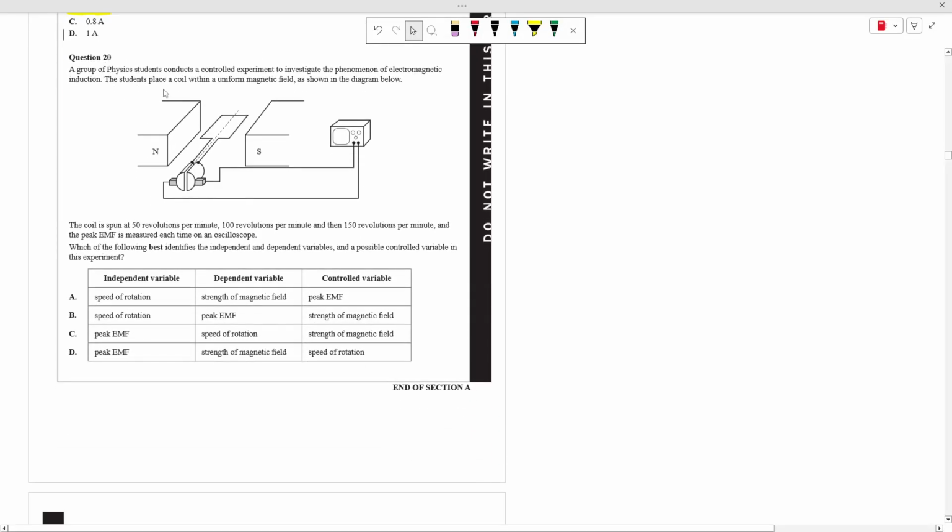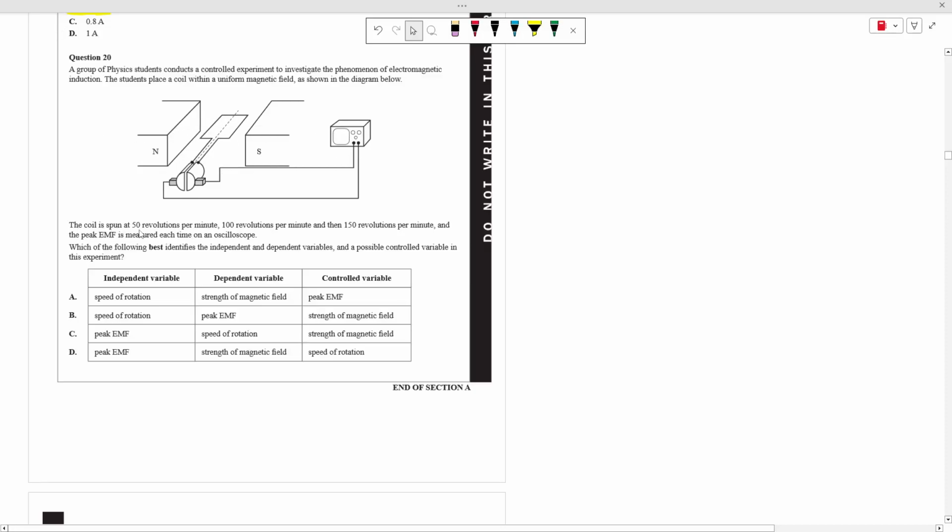Question 20, last one for multiple choice. A group of physics students conducts a controlled experiment to investigate the phenomenon of electromagnetic induction. The students place a coil within a uniform magnetic field as shown in the diagram below. Cool, so here's a coil attached to what looks like a split ring commutator, and it's hooked up to an oscilloscope in between two magnets there as well.